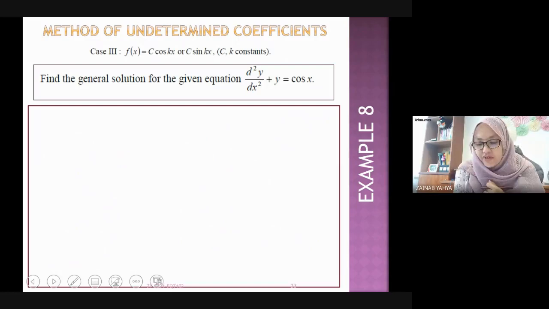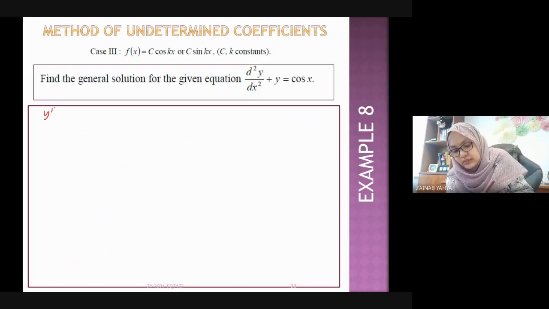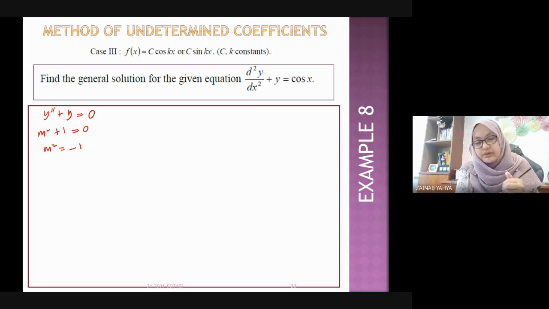Find the general solution for the given equation. Again, it is y double prime plus y equals 0. So m squared plus 1 equals 0, so m squared equals negative 1. When you do the square root, it will be a complex number, so this is a complex root.